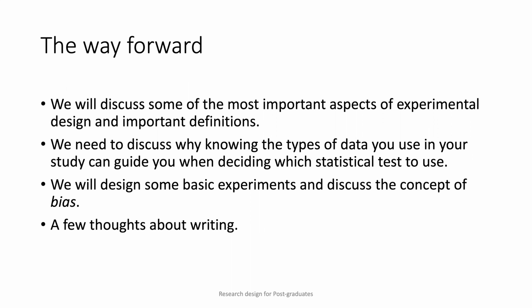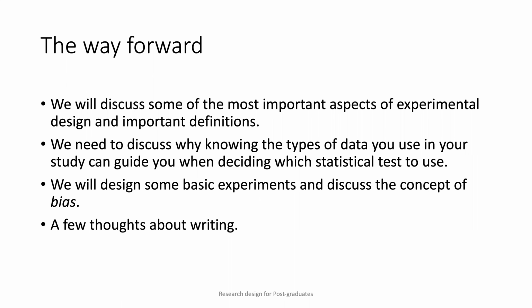Say if you were to compare simply the height of people from different parts of a town, it doesn't really matter, it's just a very arbitrary example. That would be an example of continuous data. And with this, it's already set to a large extent what kind of statistical test you will be using from then onwards.